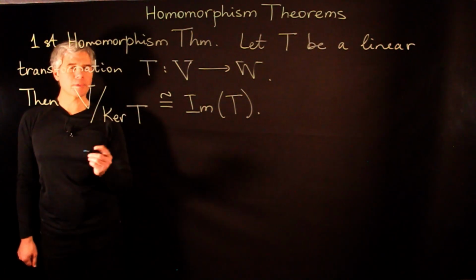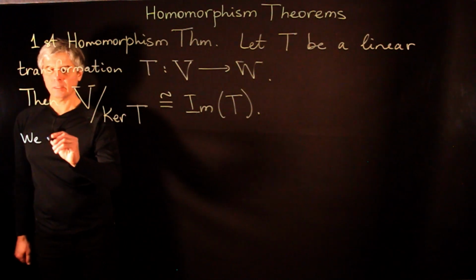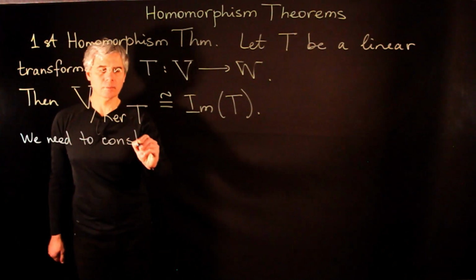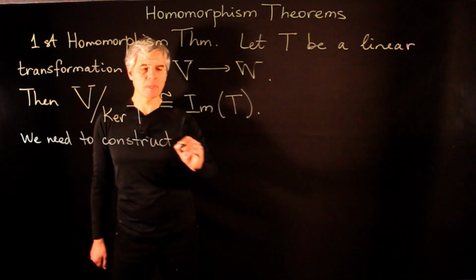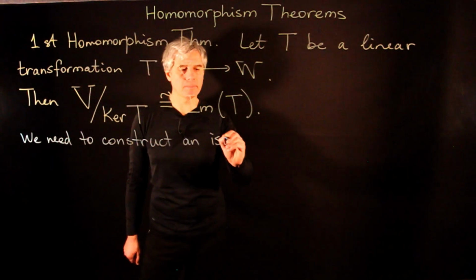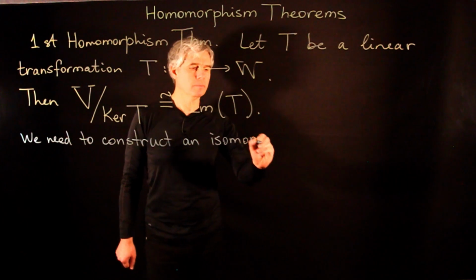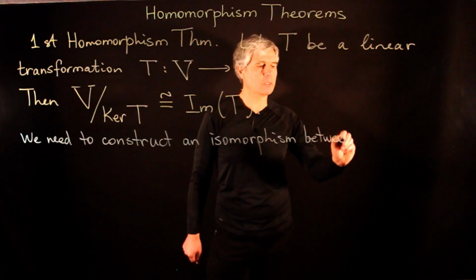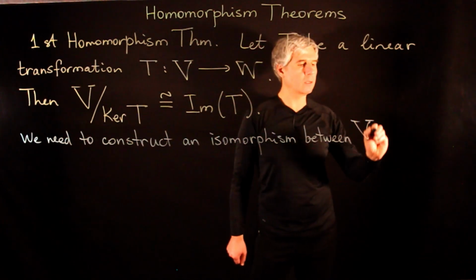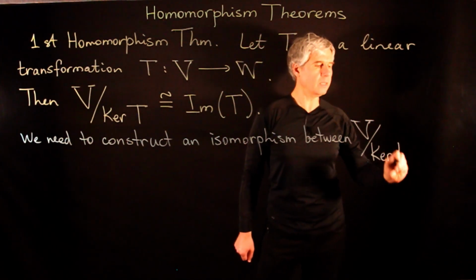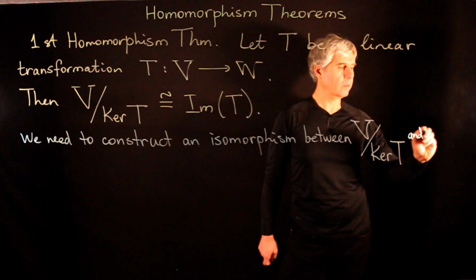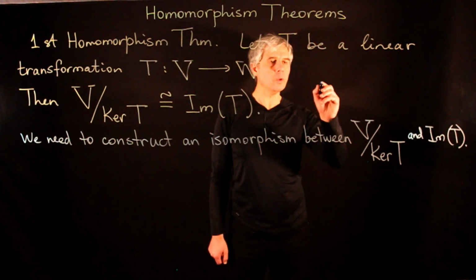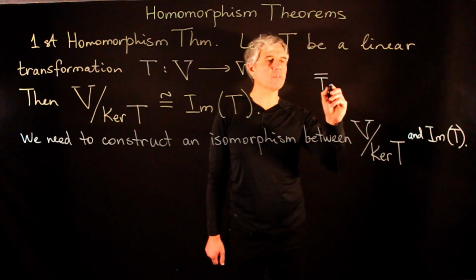Let us give a proof of this theorem. We need to construct an isomorphism between these two vector spaces, the quotient of V by the kernel of T and the image of T. We will call this isomorphism T bar.